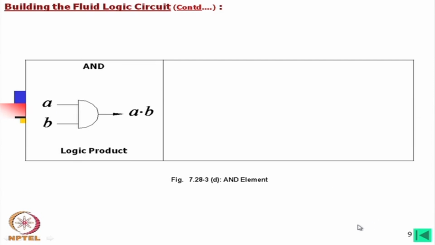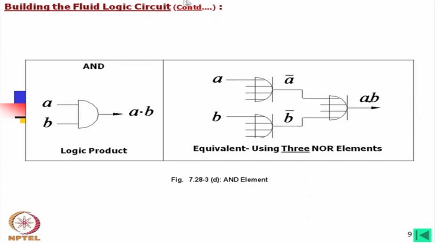Now, we will take an AND. In that case, what we have done, first we have used a NOR device to get A naught, and then we have taken another device to have B naught.